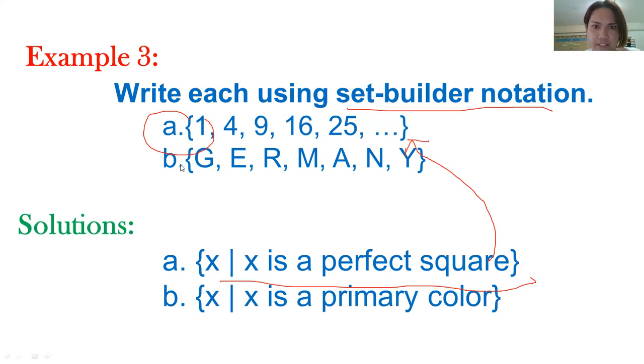Sorry, I guess there's something wrong here. No, not primary color. Maybe the PowerPoint is wrong. x is not a primary color. These are x such that x is what? Letters in the word Germany, correct?